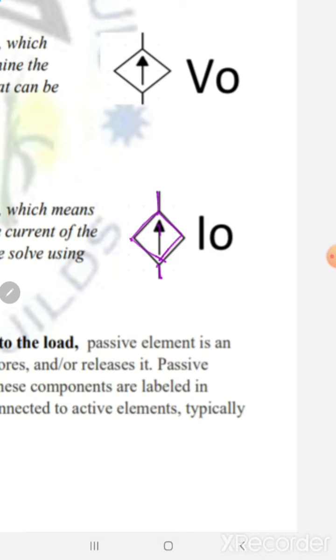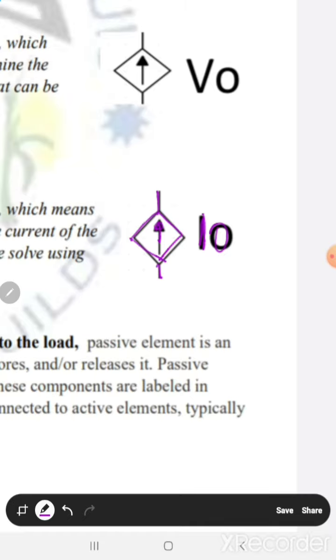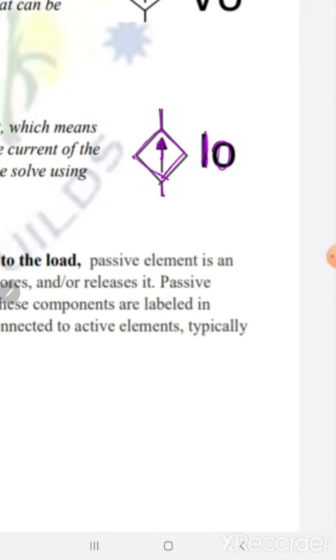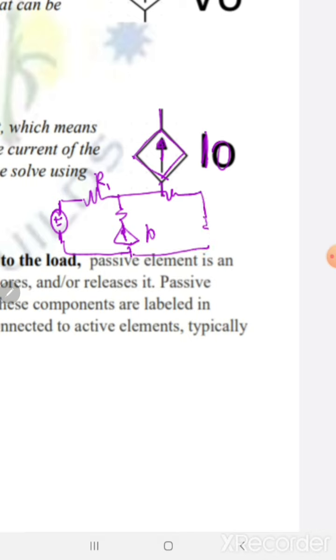and then you have your current. Your IO indicates that it is current-controlled, which means that, let's say you have a circuit element. So, positive, negative, your R1, and then let's say you have your IO, and then another resistance or another element.